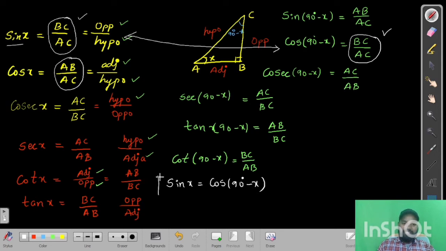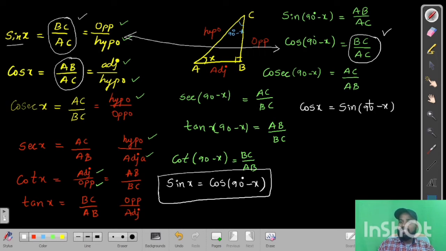For this derivation, I explained the entire concept. This is a basic definition we need to know. Now see, cos x is AB by AC, and sin of 90 minus x is AB by AC. These both are matching, yes or no? Yes. So cos x can be written as sin of 90 minus x.